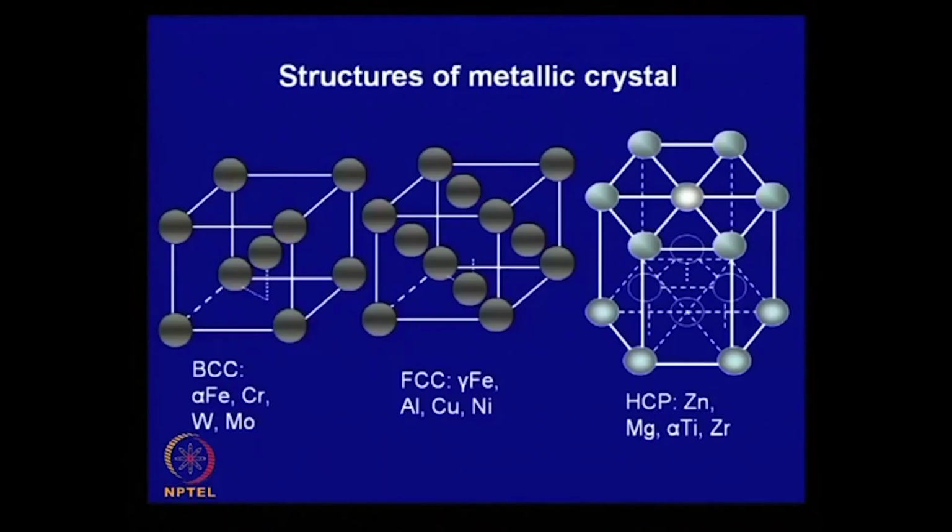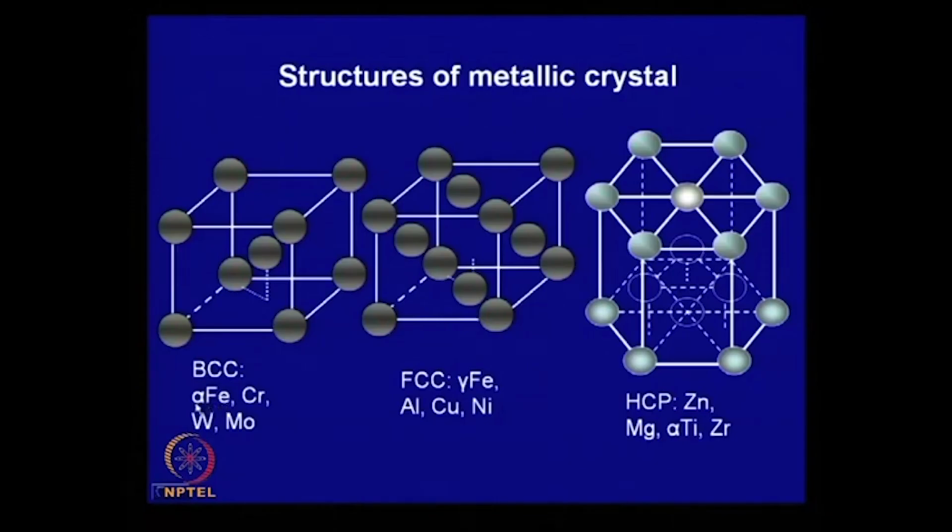Now, just to repeat here the 3 types of metallic crystals that are available in metal. Primarily, one is body centered cubic. So, the position of atoms is shown here, and normally you get this type of structure in a few common metals which are listed here.